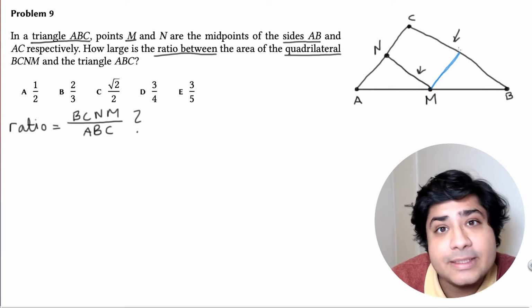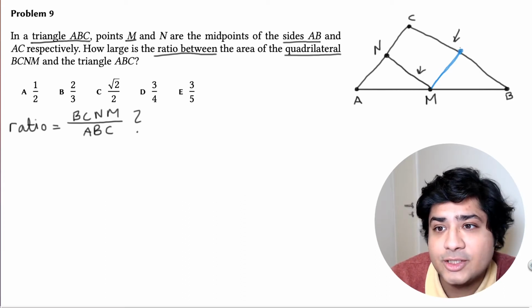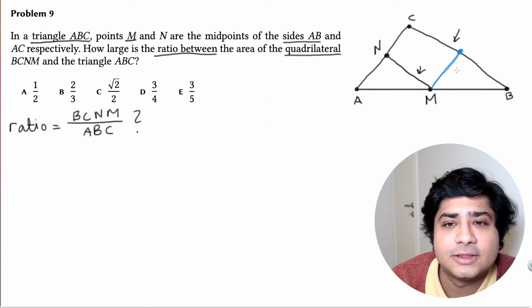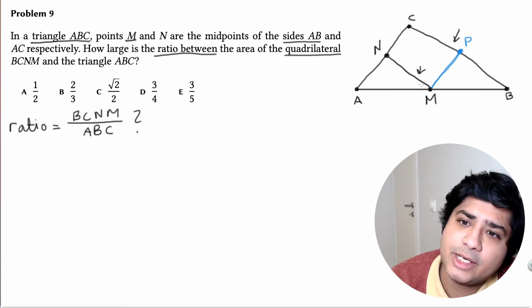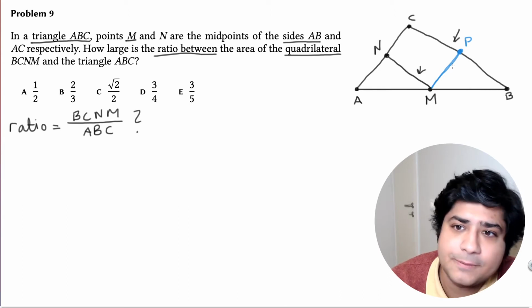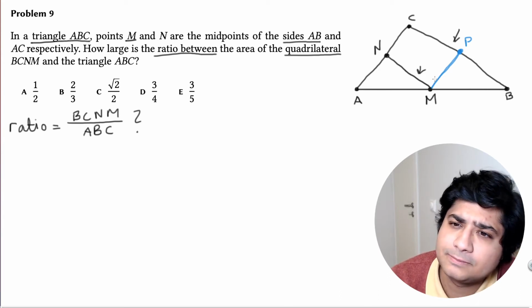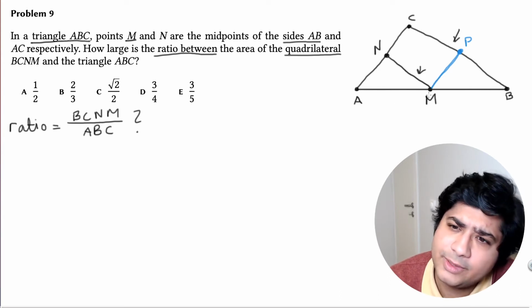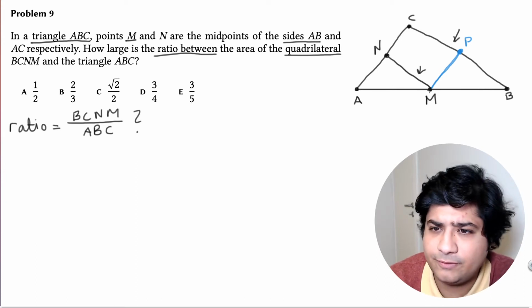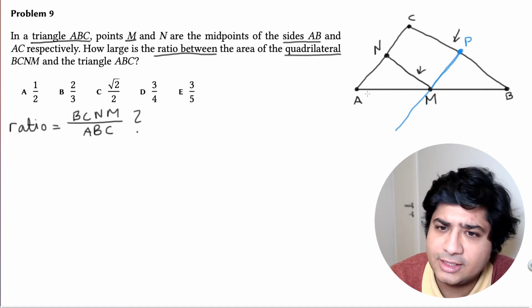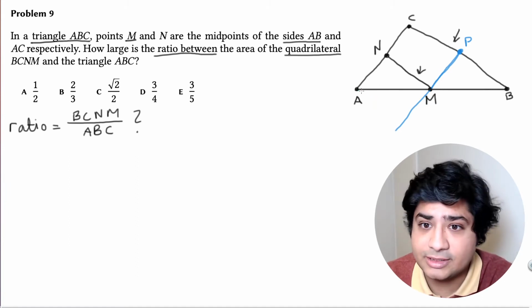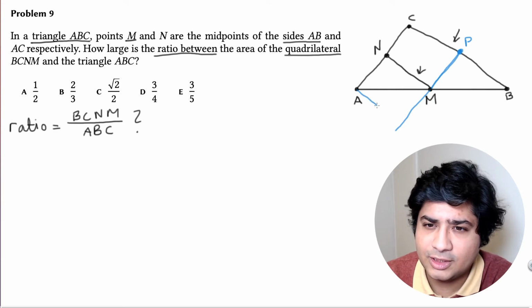If there was a midpoint that we drew a line at here, let's call that P, for example, then this would be a rectangle. So what if we continued that line down like this? And what if we continued this? Now I'm just trying some stuff out. Let's see.